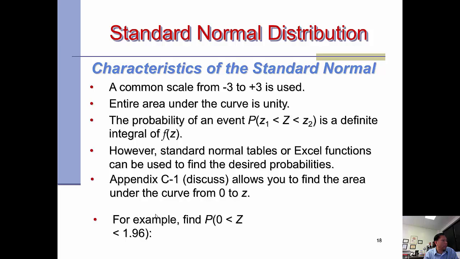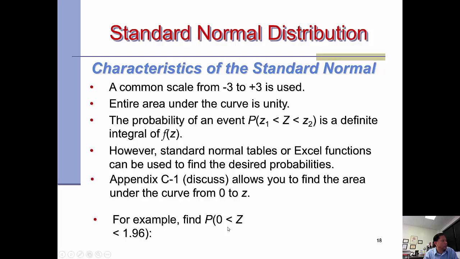I want you to look at table C1 in your book, appendix C1. That allows you to find the area under the curve from 0 to Z, the Z score.